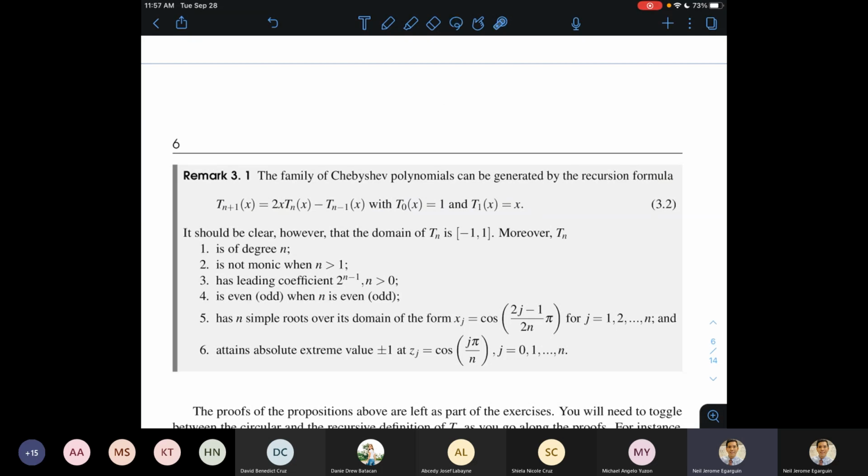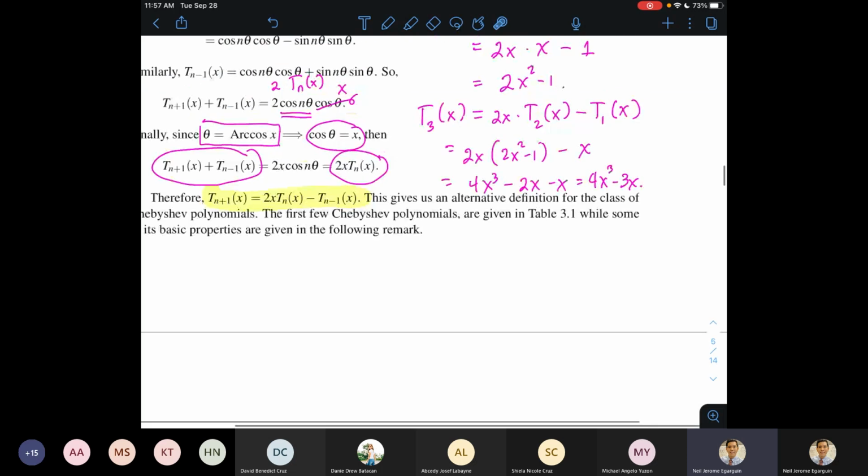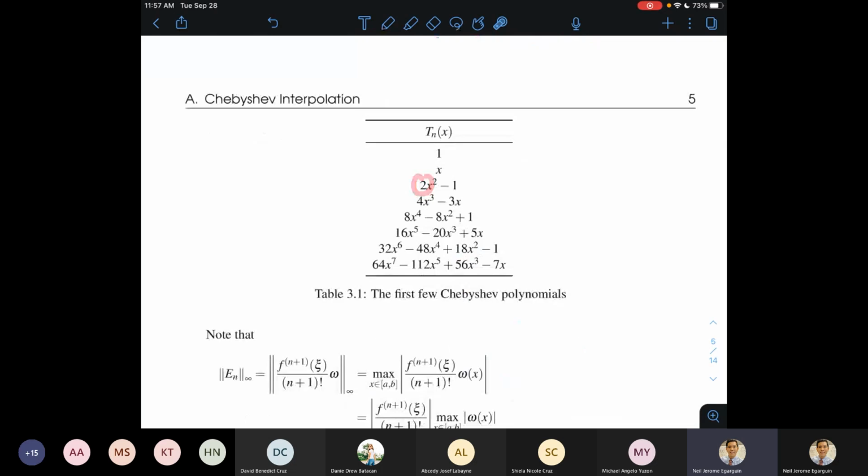Kasi si t0 at saka si t1, monic sila. 1 and x, ang leading coefficients nila ay 1. Pero starting from n equals 2, nakita natin dito sa table, leading coefficient 2, 4, 8, 16, 32, and 64. Bakit ganun yung itsura?